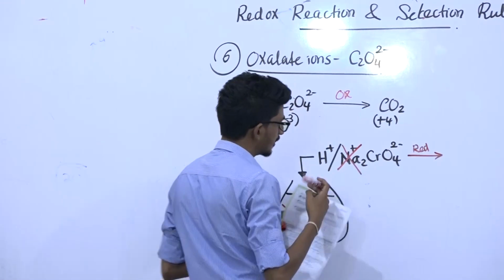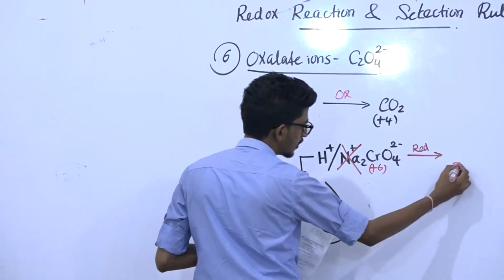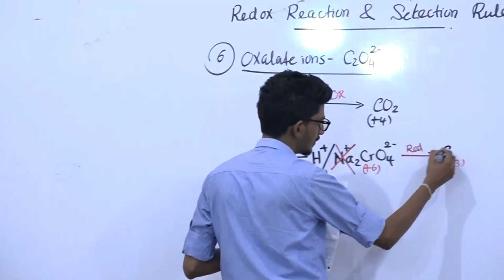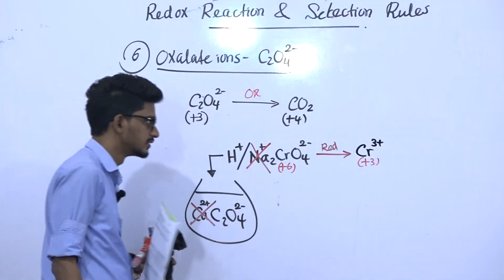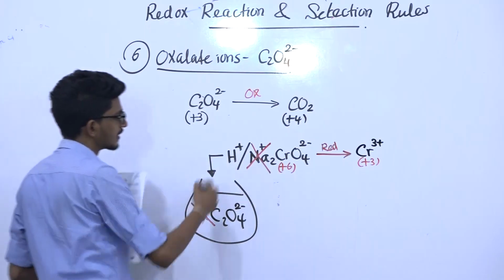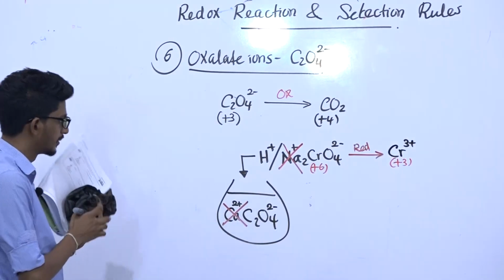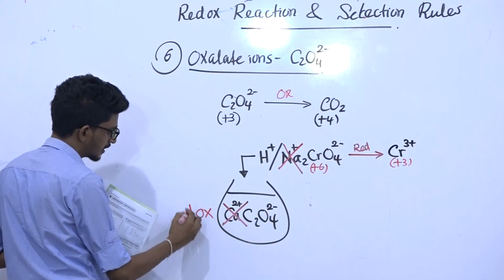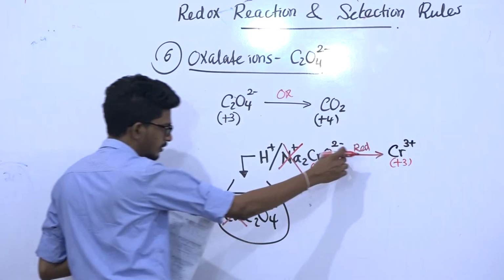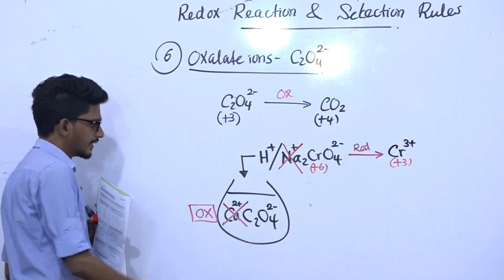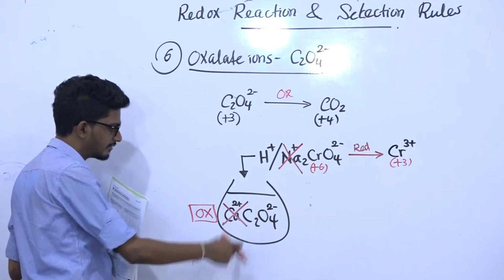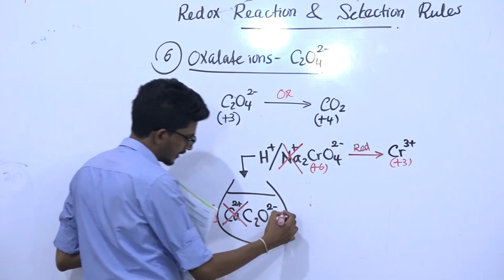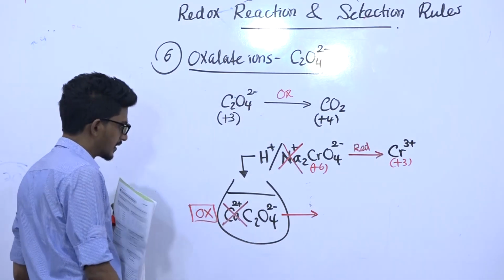Chromates will always reduce from +6 to +3 towards the Cr3+, the knowledge we have gathered, right? So if a reduction is to happen from the top, we are expecting an oxidation at the flask. If a reduction is to occur from the top, definitely the species at the flask should get oxidized, right? So what kind of product are we supposed to get?